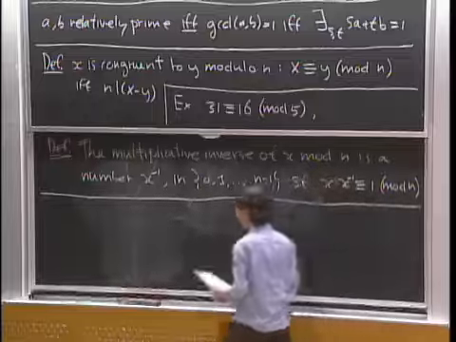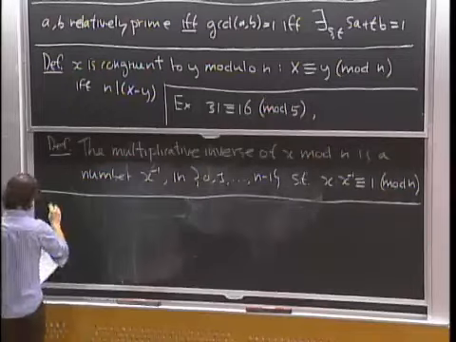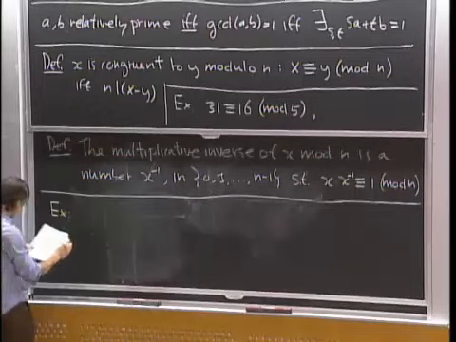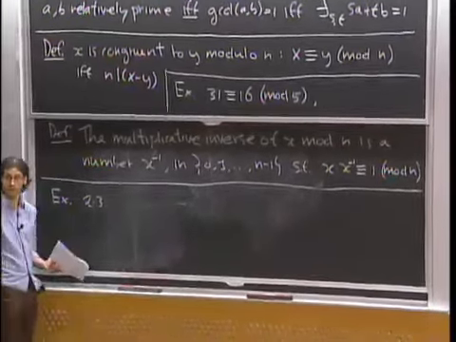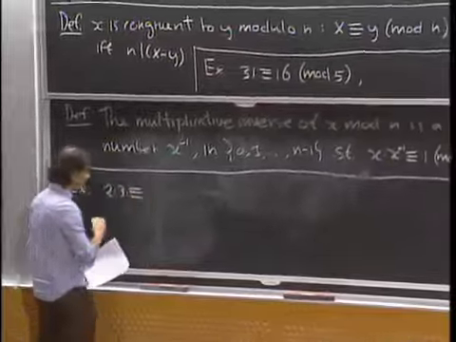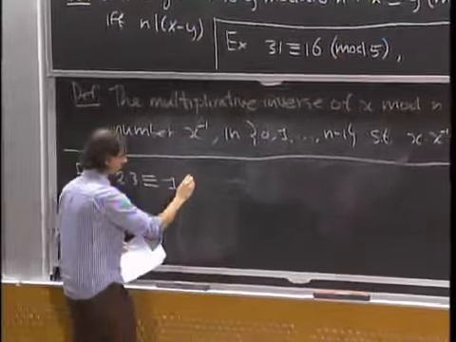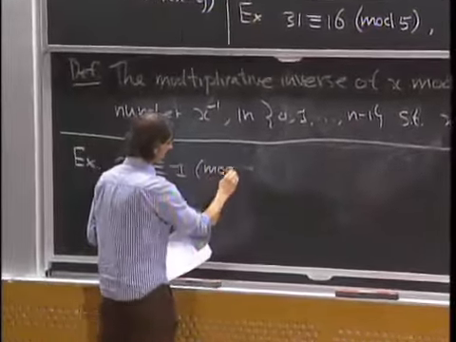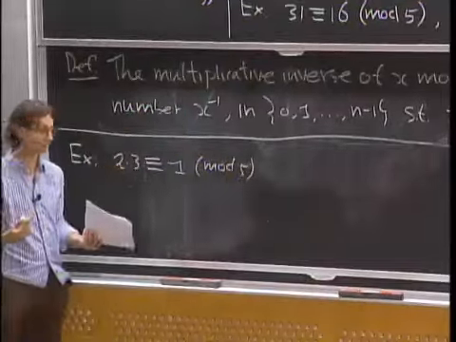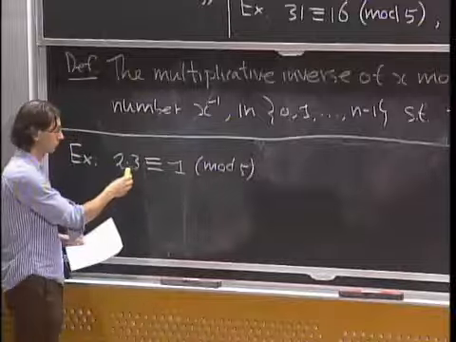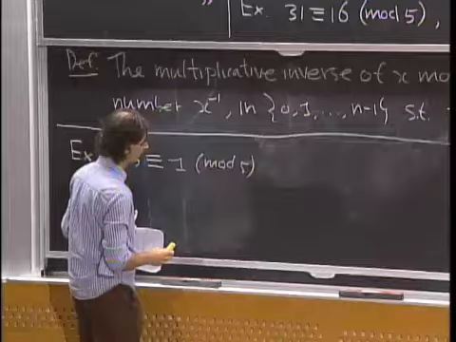So let's do that over here. For example, we have that 2 times 3, which equals 6, is equal to 1 modulo 5. Why is this? Well, 6 minus 1 is divisible by 5, so I know that this is congruent to 1 modulo 5.